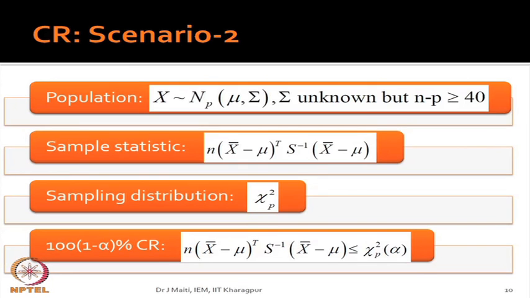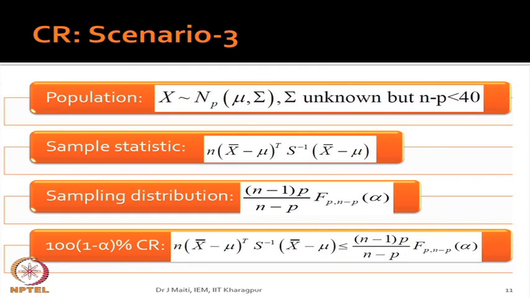This is scenario 2, this is scenario 3. The population is this, this is the condition, the sample statistics remain the same as earlier for scenario 2, and the sampling distribution is changed to F from chi-square distribution. If you know these three, the confidence region part is very simple again.